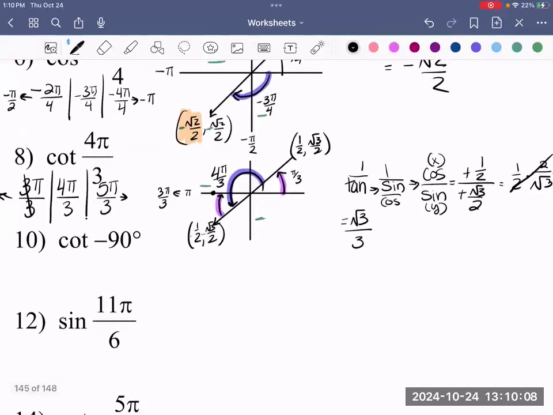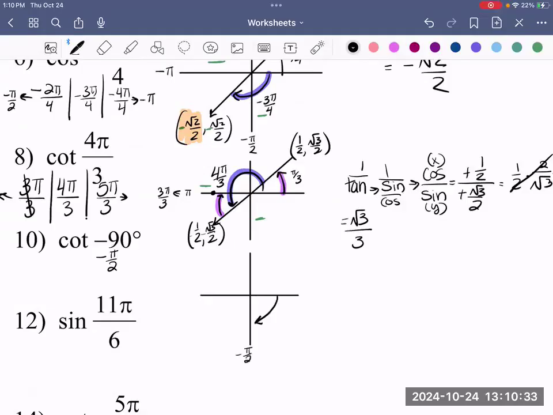Now let's do the same with number 10. So the cotangent of negative 90 degrees. So negative 90 degrees is just another way to say negative pi over 2. So negative pi over 2, if we're talking about going in the clockwise motion, if that is just 90 degrees or a pi over 2, we're just going to be going over here.